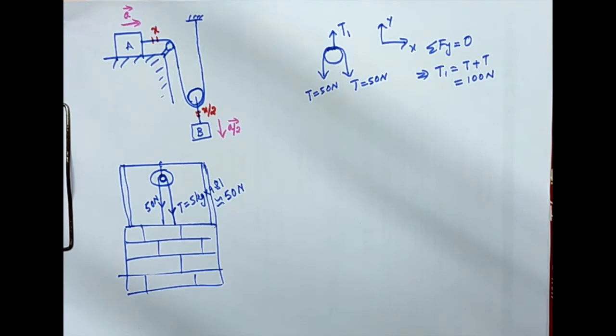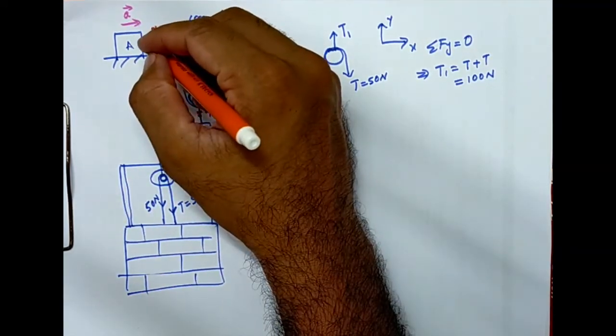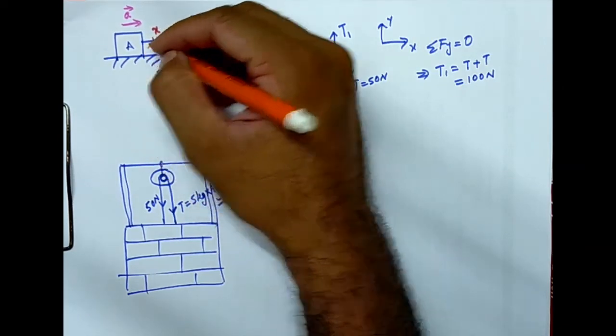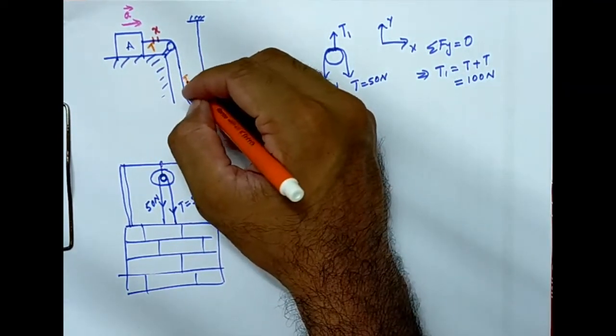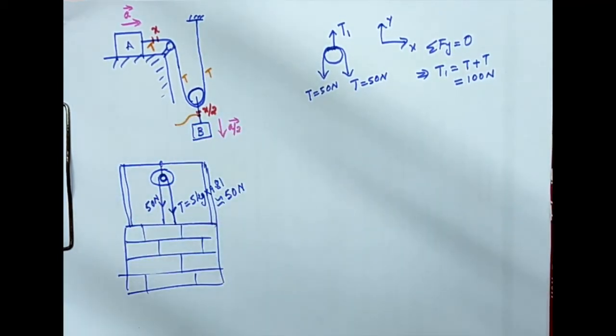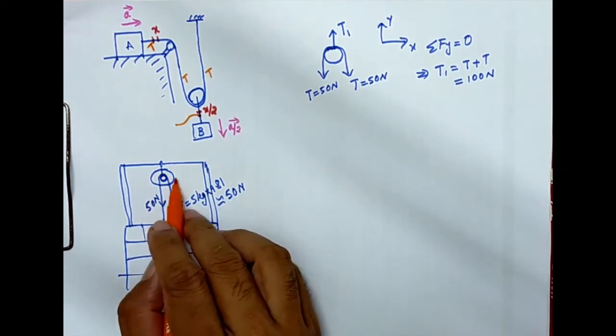So you can see here, in this case, the tension in this cable, say I'm assuming the tension as T here. Tension is T here, T here. What about the tension in this part? It is similar to this case.